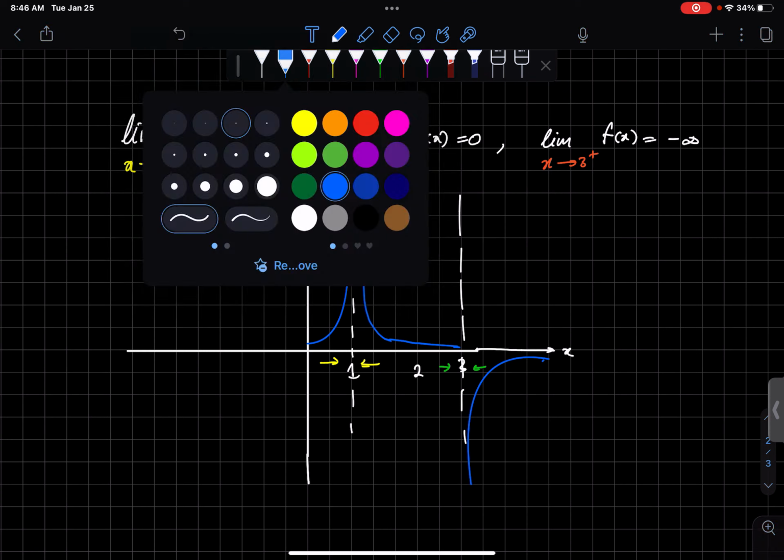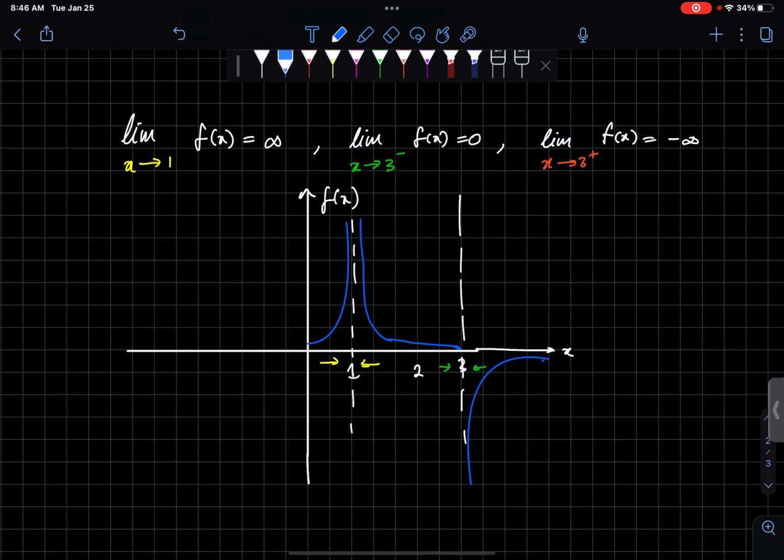This function could be defined at 0, so at x equals 3 the function could be 0. From the right, as you approach it, it's got a different limit. This could be defined at 3, or it could be not defined at 3.